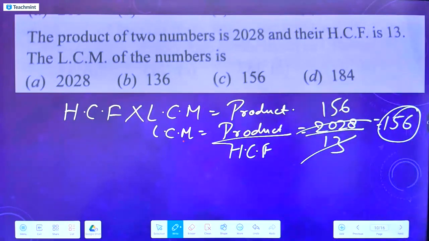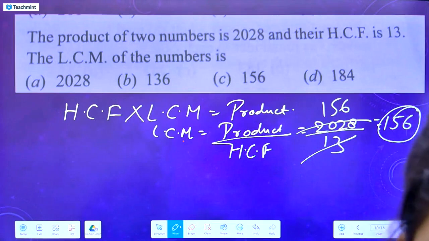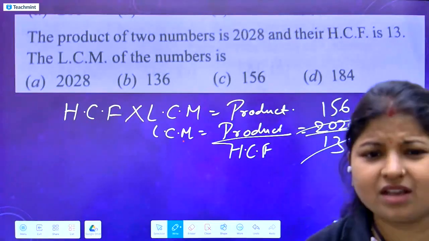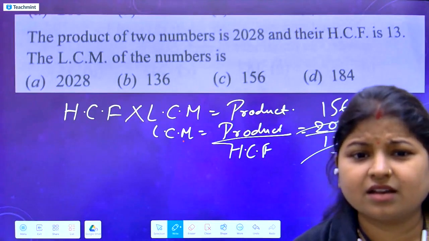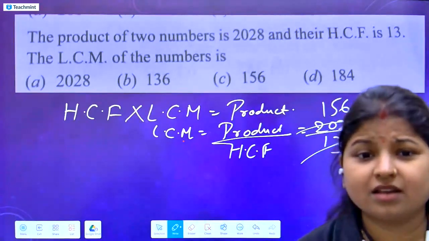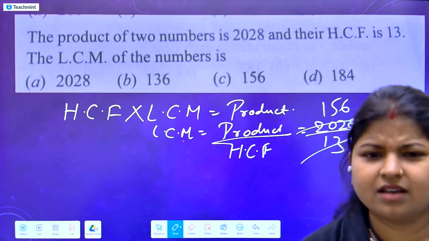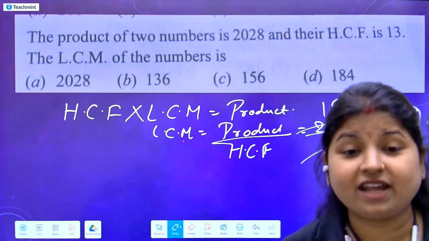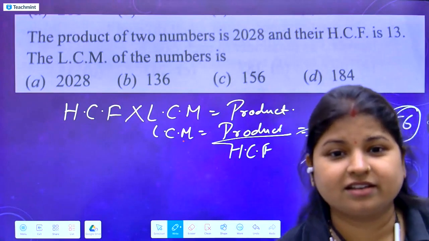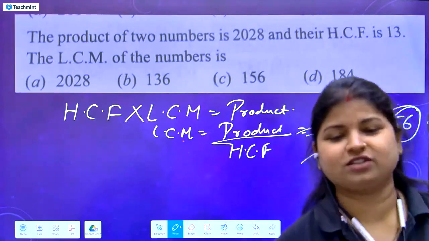Ma'am, in Delhi it is raining. In Delhi, it's raining. Yes, it was raining today.